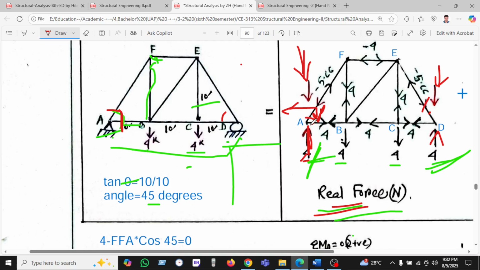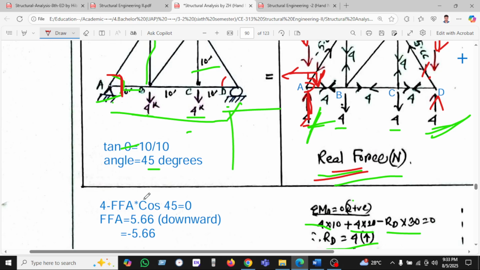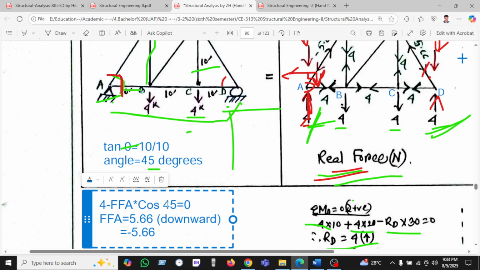As we know, this is the theta, so as this is theta, the arm of theta is cos, and opposite to theta there will be sine. So we have seen here 4 into sine.